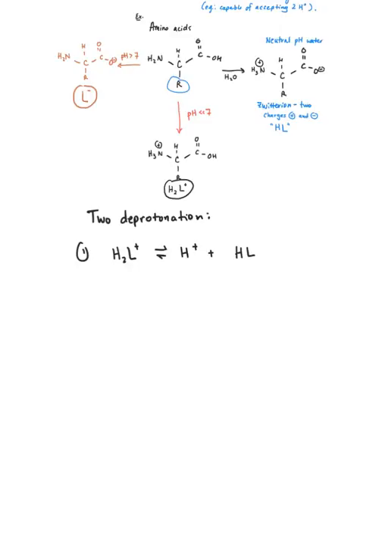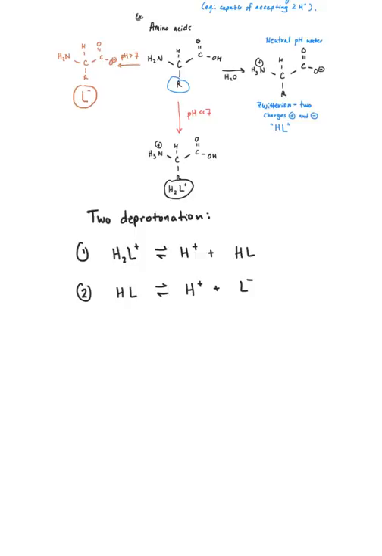That's this acid losing a proton to become this one. In a second deprotonation event, our zwitterionic form, HL, can lose a proton and form the deprotonated form of our amino acid, L-. That's this form over here.